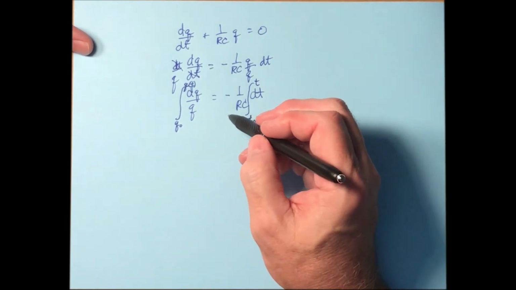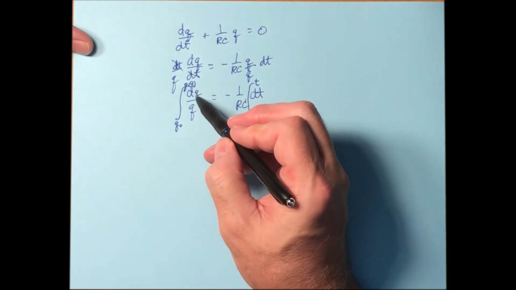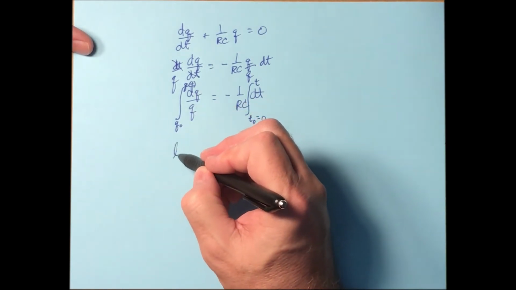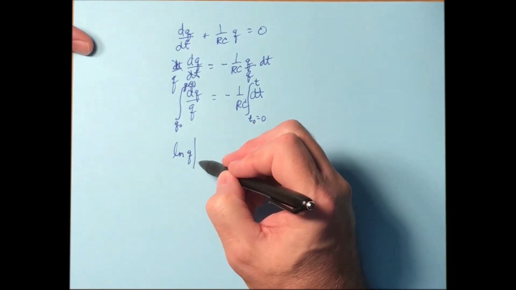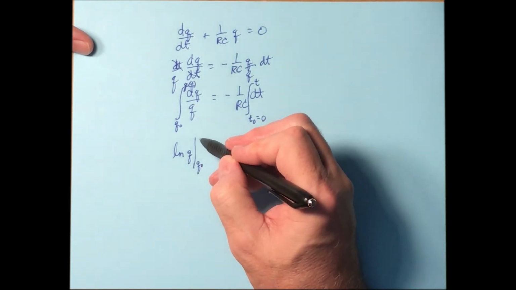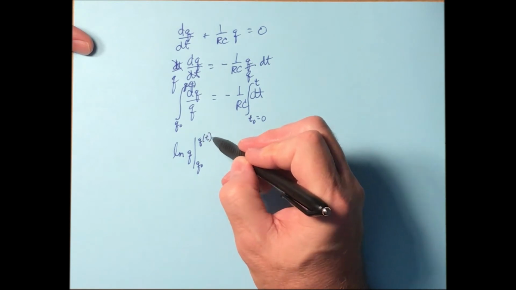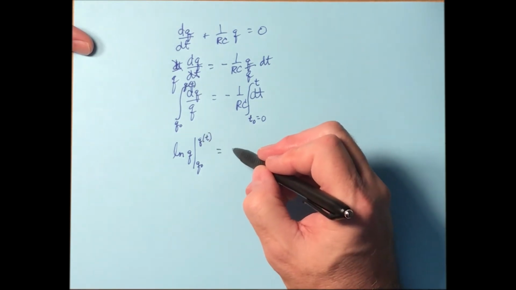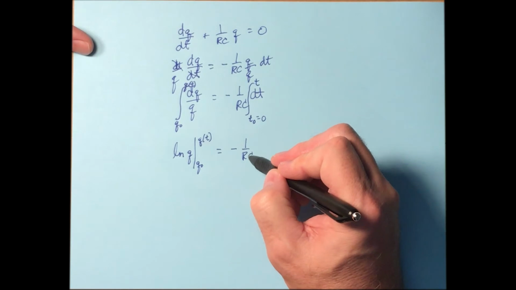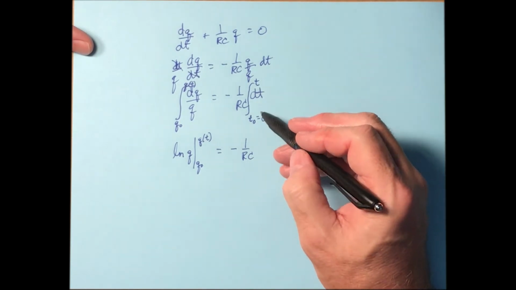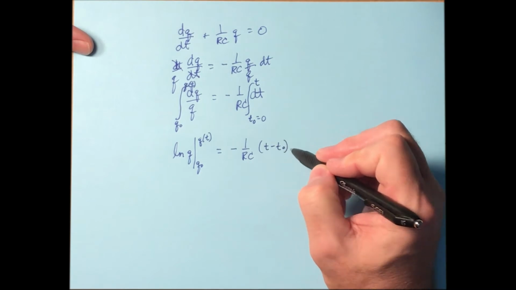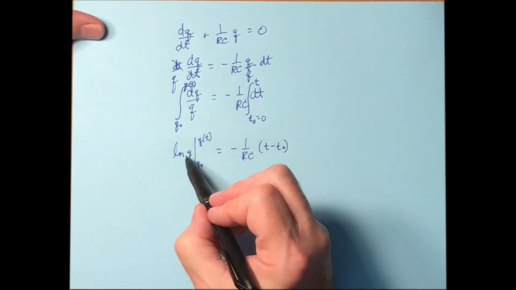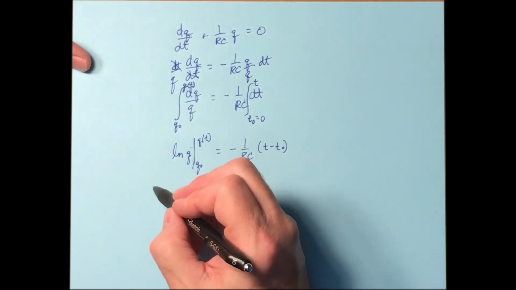Okay, let's do the integrals now. Well, this is dq over q. That's going to be the natural log of q, and we evaluate that from Q naught to Q of t. And that's equal to minus 1 over RC, and when we do this integral, that's just going to be t minus t naught. Okay, let's plug in our limits here.